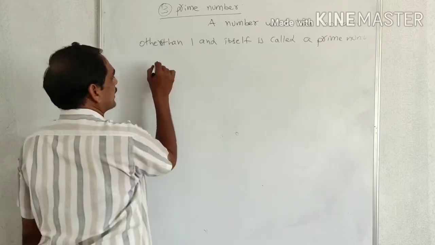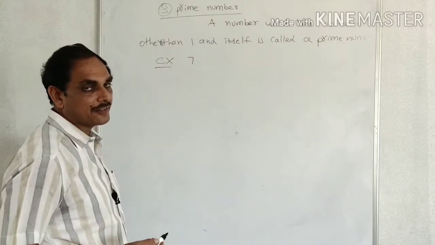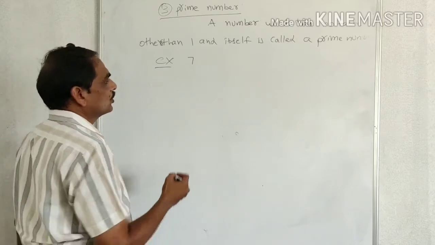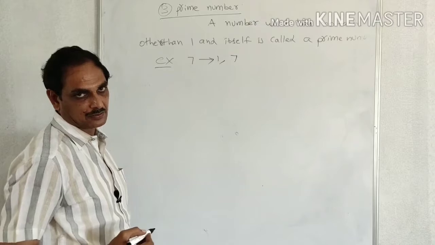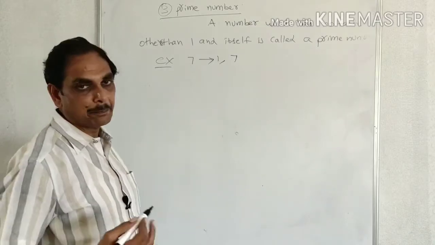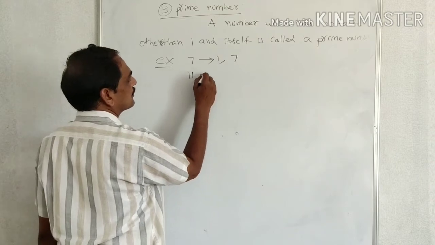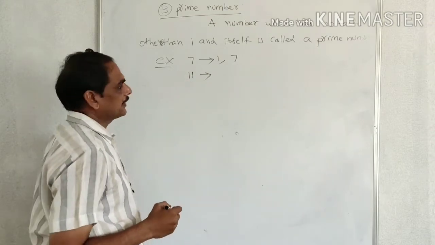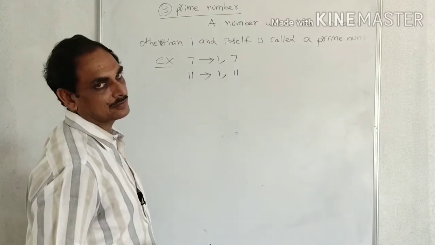Suppose we write an example, that is 7. The factors of 7 are only 1 and 7. So 7 is called a prime number. Similarly 11, here also only 1 and 11 are the factors of 11.